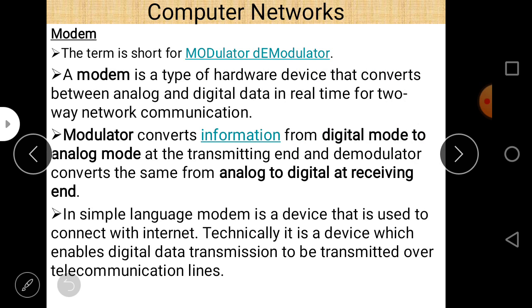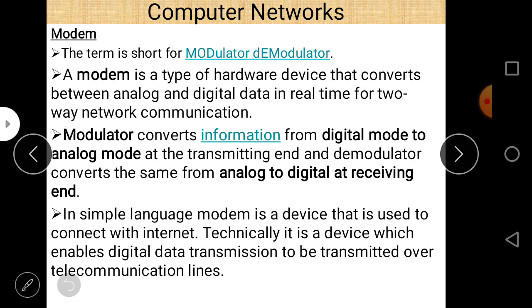So there are two terms, modulation and demodulation. Modulation means conversion of signal from digital mode to analog mode, and demodulation is just the reverse of the modulation process, that means analog to digital conversion. Signal may be in analog or digital form. Computer understands only the digital language, that means 0 or 1.